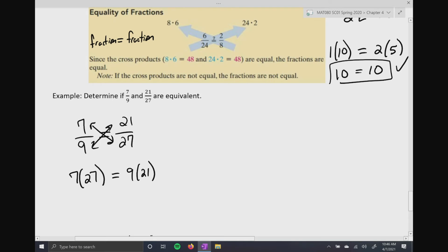All you're going to do is multiply them. I'm going to do it off to the right here because I can't do this in my head. 27 times 7, well, that's going to be 49. 7 times 2 is 14 plus 4 more is 18. Now we're going to do 21 times 9. 9 times 1 is 9. 9 times 2 is 18, I'm sorry.